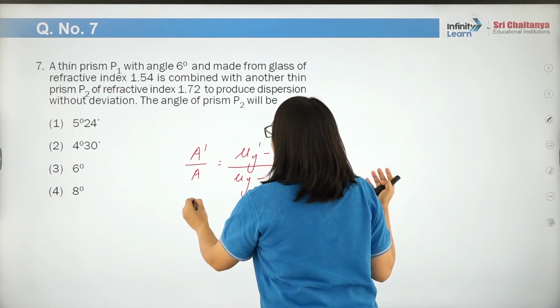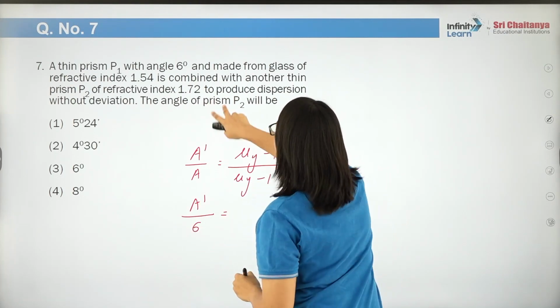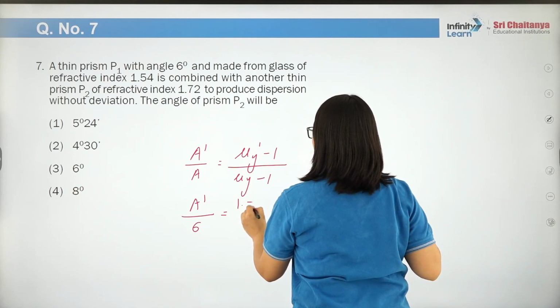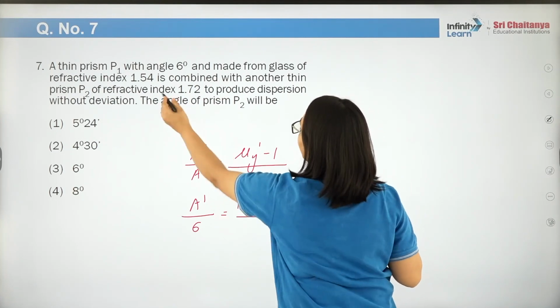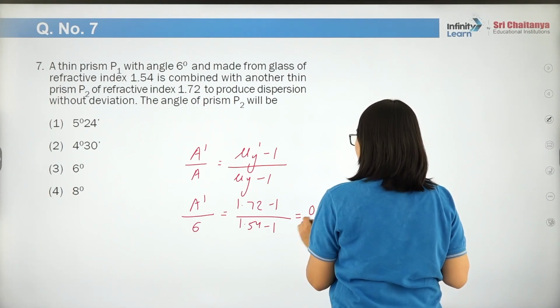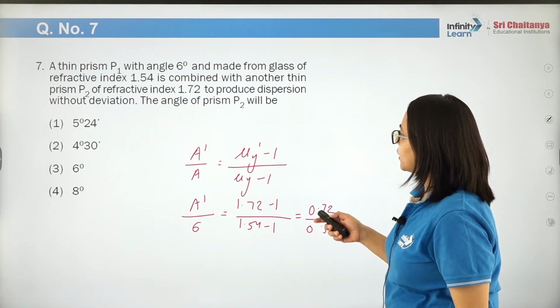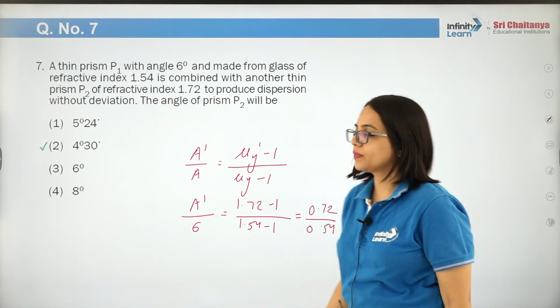A dash is unknown, A is given as 6, mu y dash over here is 1.72 minus 1 divided by mu y, which is 1.54 minus 1. So this is 0.72 divided by 0.54, right. So after solving this one, you will get option 2.